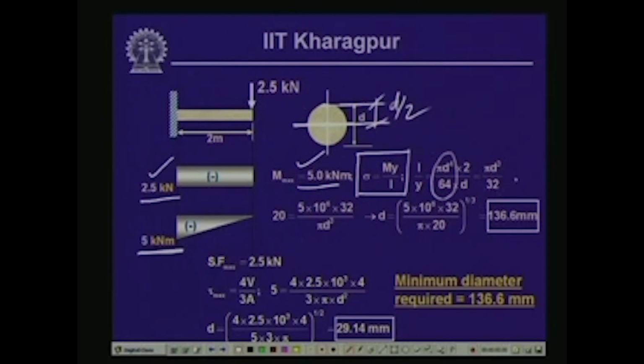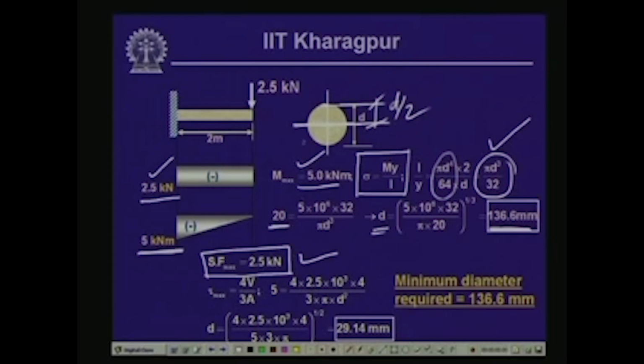So I by y is pi d cube by 32, and if we substitute these values, limiting the bending stress to 20 MPa, we get the diameter of this pole as 136.6 millimeter. Next, corresponding to the maximum shear force of 2.5 kilonewton.